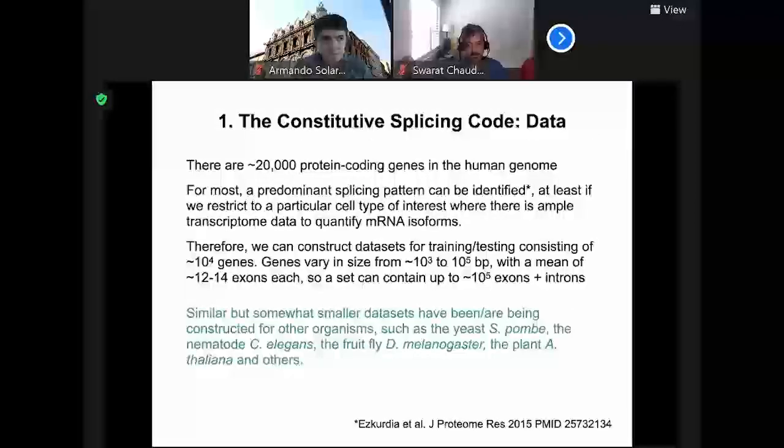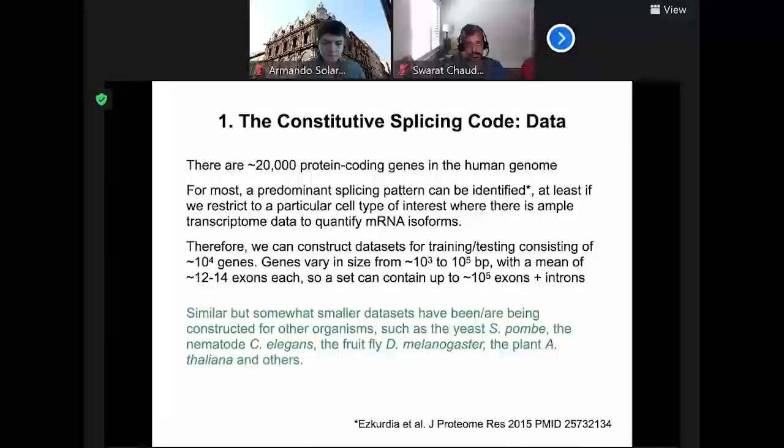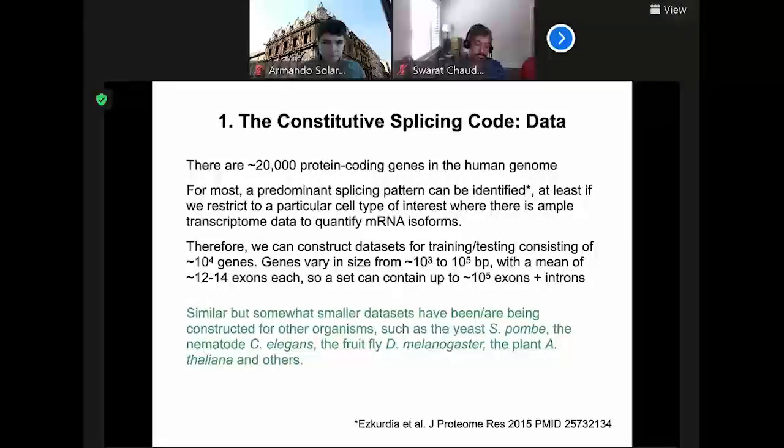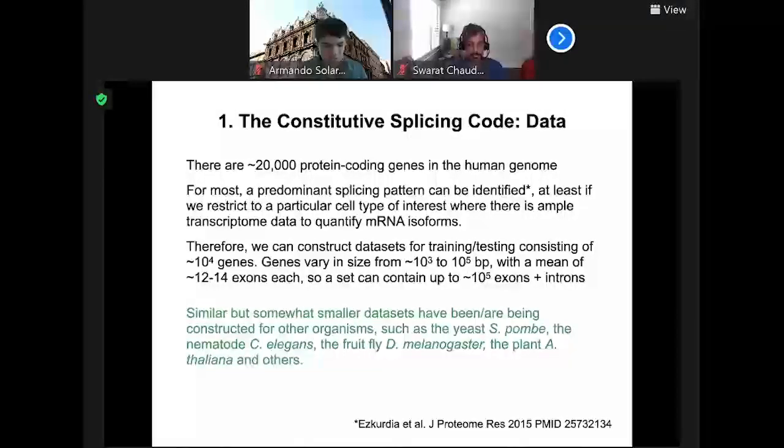So what kind of data do we have available? Of course, we have the human genome sequence. There are roughly 20,000 protein coding genes in the human genome. For most of them, a predominant splicing pattern can be identified. And so we can construct data sets for training and testing of algorithms consisting of, on the order of, 10,000 genes. The genes vary in size from about 1,000 bases to 100,000 or more.